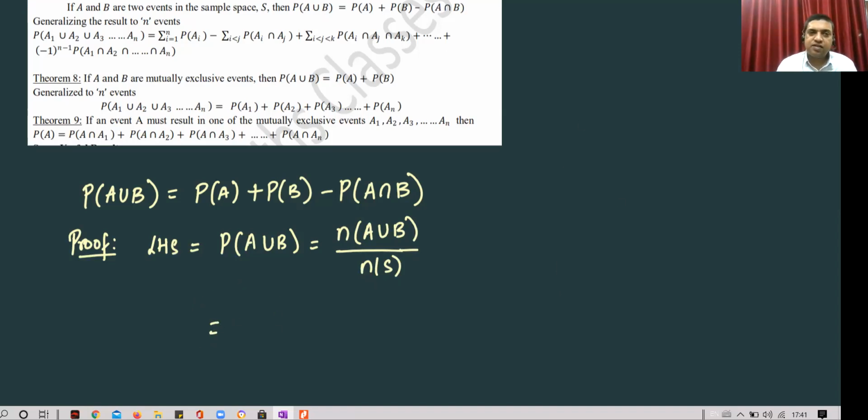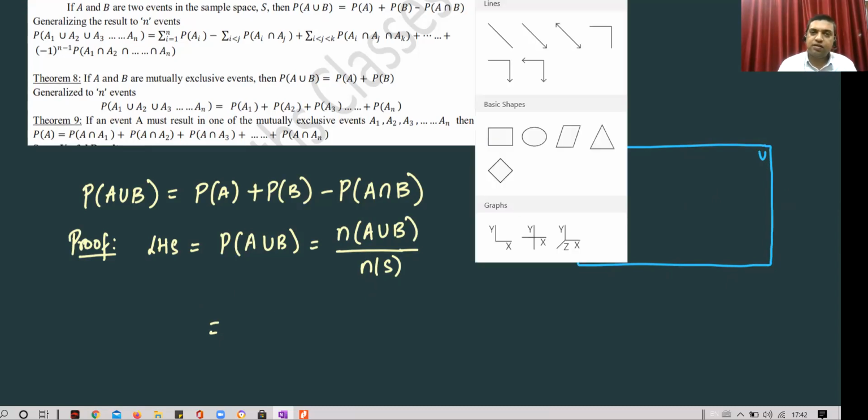Now from sets, if you remember, this is the universal set. So the universal set will be our sample space.